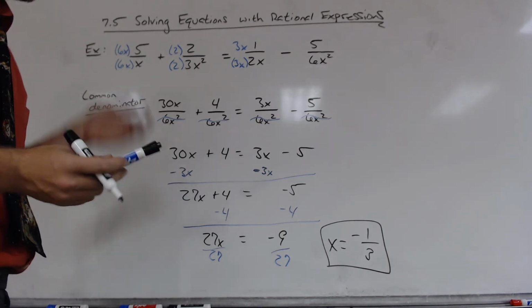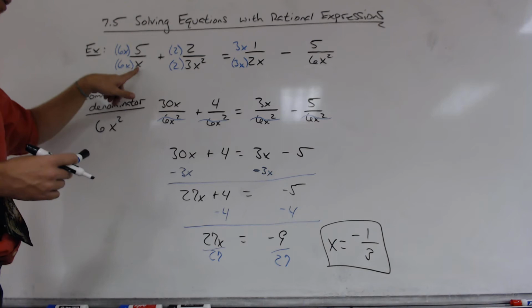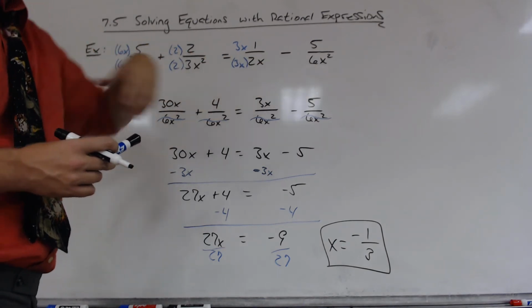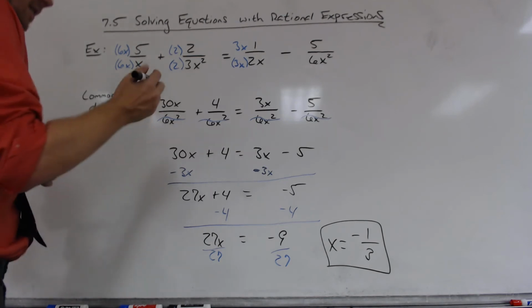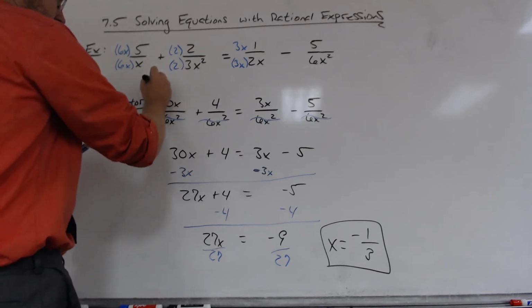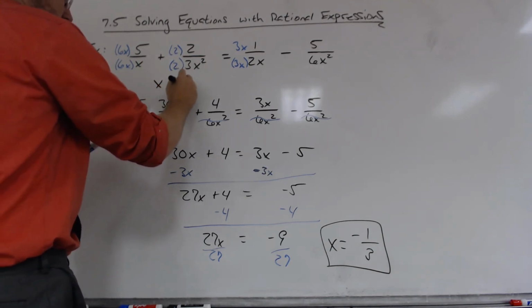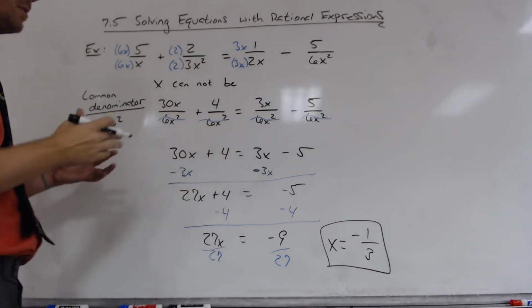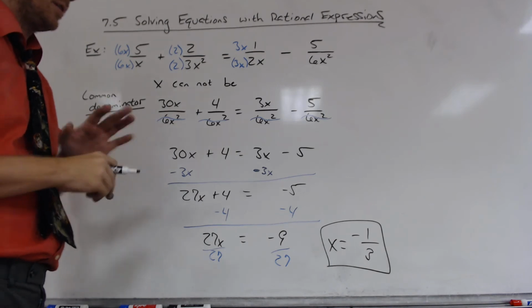dividing by 0. And it just so happens, if I go back to that original problem, the only value of x that we're not allowed to use, that would not be a solution to this problem, that could never work.